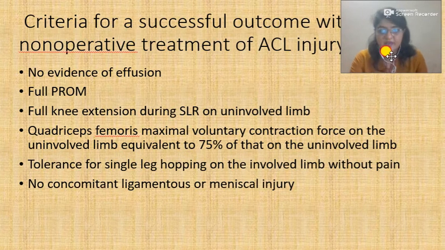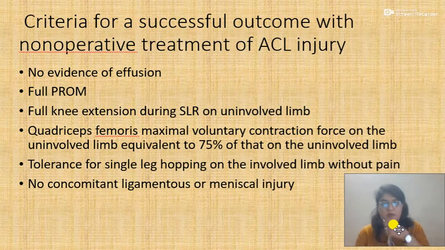What are the criteria for successful outcome with non-operative treatment for ACL injury? So how do we choose that the patient will be fine with ACL tear by non-operative, conservative treatment? Here are some criteria mentioned.